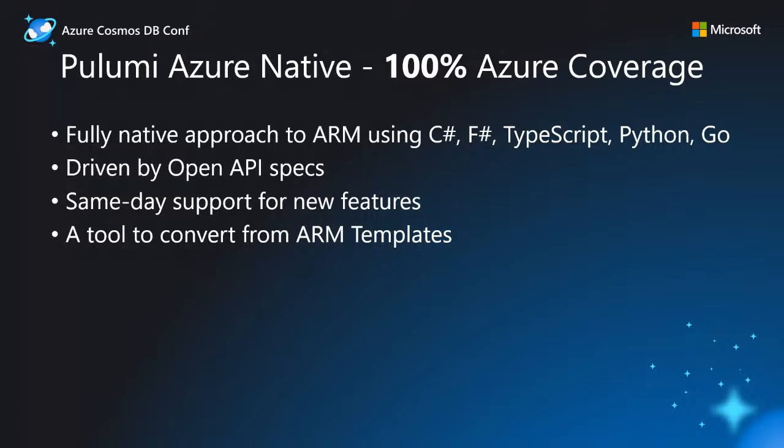That means that you get access to all properties of all resources of all Azure services as soon as the specs are publicly released, literally on the same day, sometimes even before they are released, actually. I suspect you haven't heard of the Azure Web PubSub service. Apparently, that's a vNext service for SignalR, which is not yet announced as far as I know, but we already have APIs for it because Microsoft already published the Open API specs for it the other day.